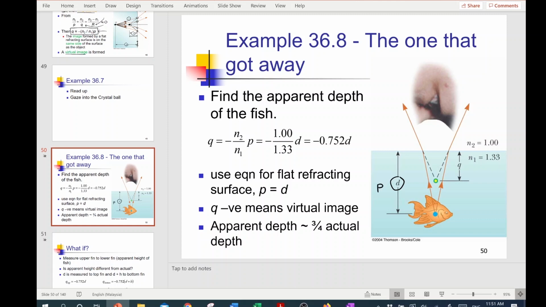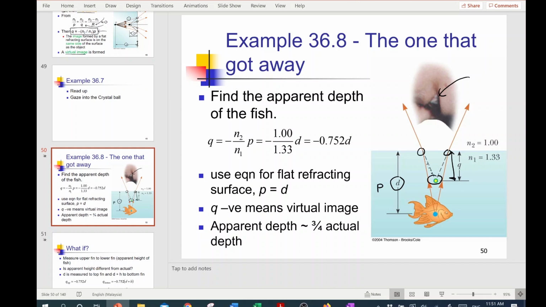And if you observe from here, then the fish appears to be located here, which is basically the position of the image, due to refraction here. So the rays appear to diverge from this point.